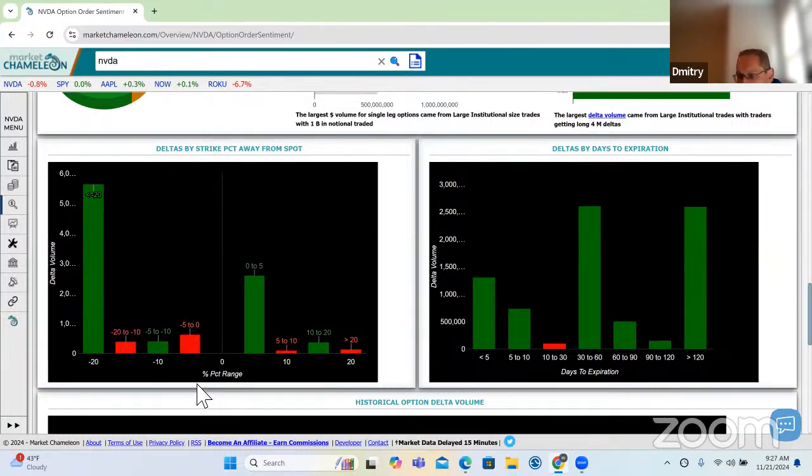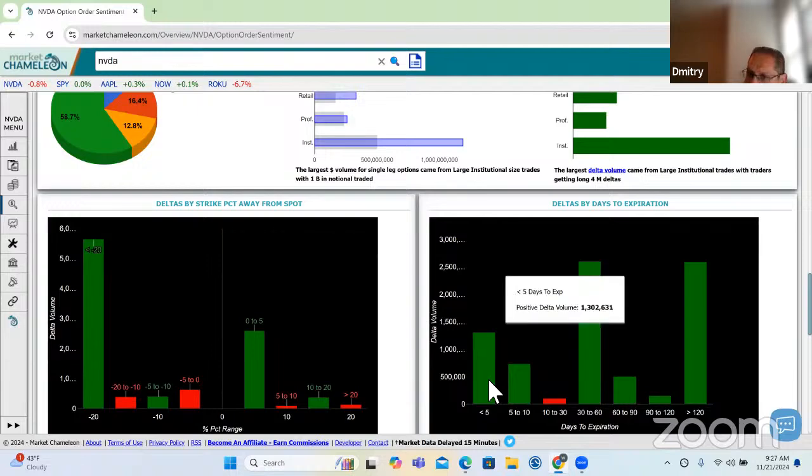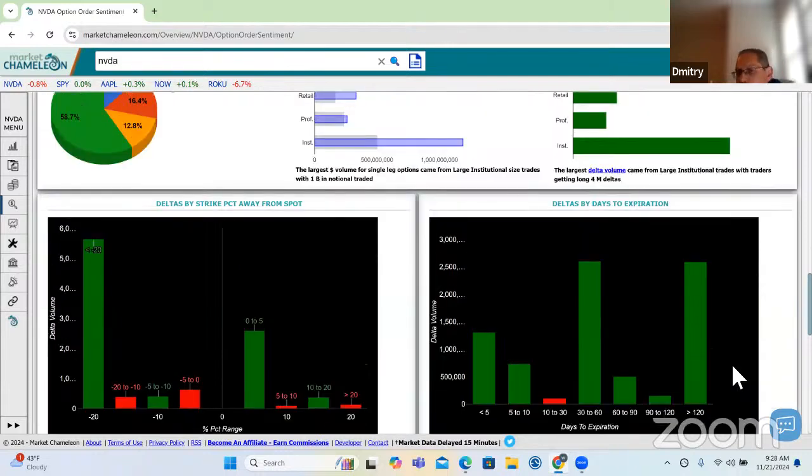And then this last bucket over here is showing us the deltas based on how many days to expiration. If a lot of the deltas were in the short-term maturities, less than 5 days, we would see that this bar would be the highest, right? But what this is showing us is that two of these bars stick out.